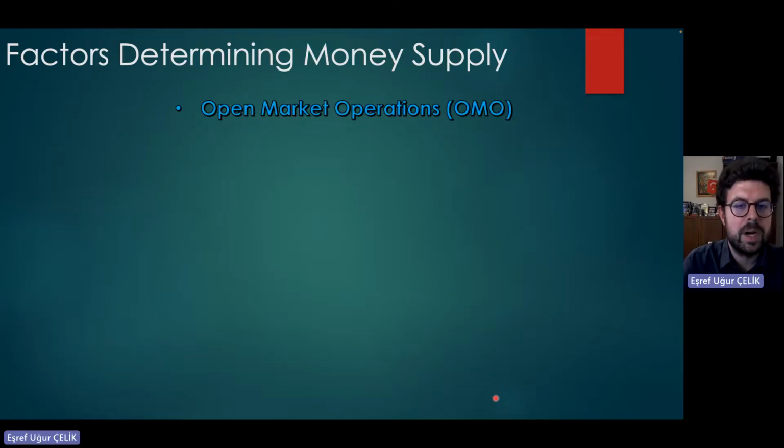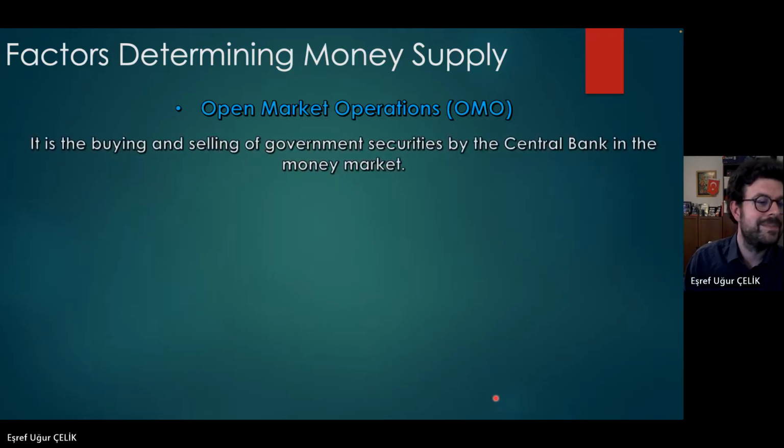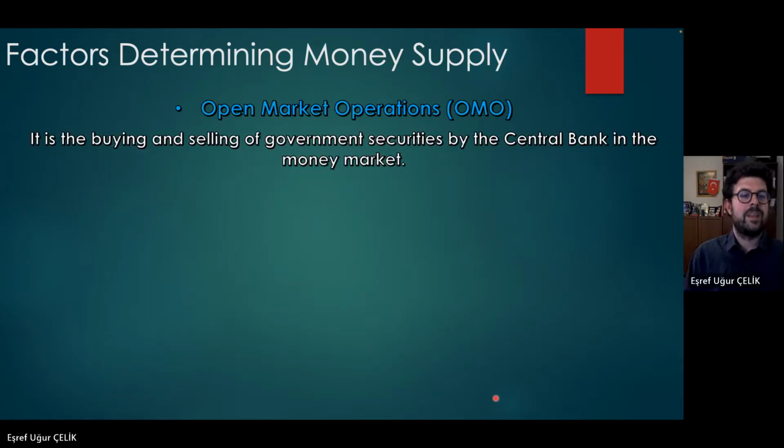Let's look at the open market operation, OMO. OMO is the buying and selling of government securities by the central bank in the money market. So there's OMO buying or OMO selling, okay? Let's start with the selling.